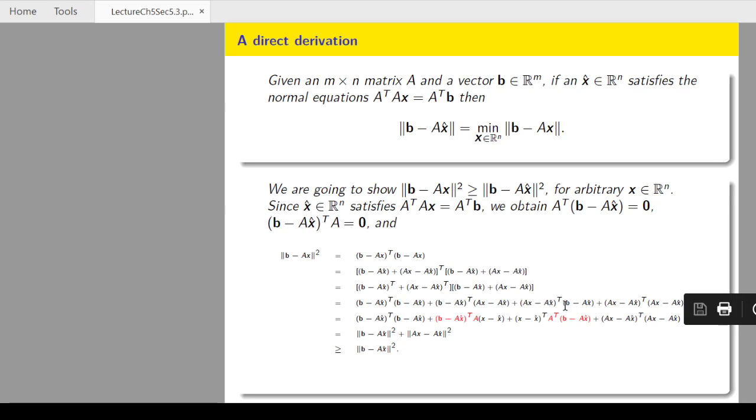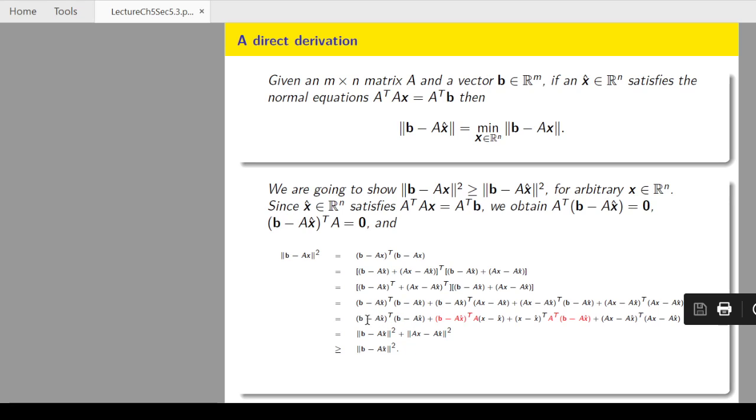But look at A transpose times (b minus A x hat). That's the term we saw earlier, and it equals 0. So this third term equals 0, although the sign is negative.